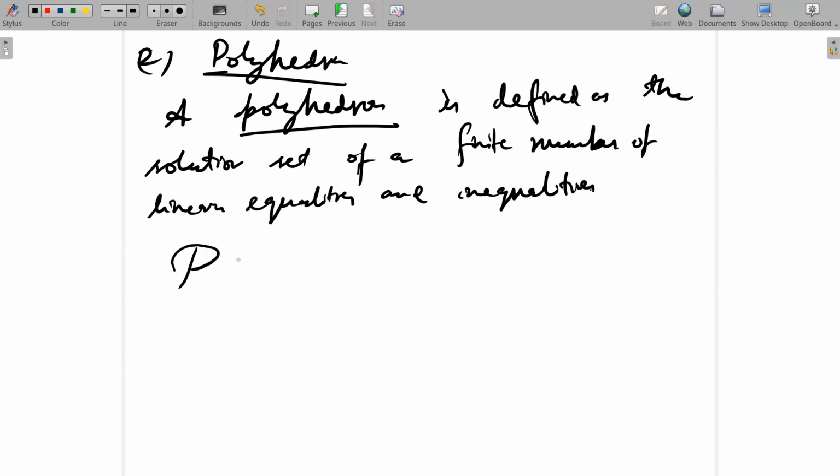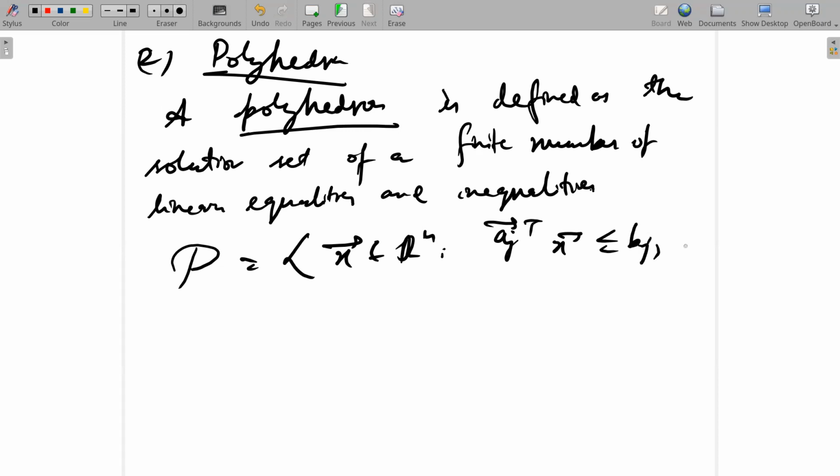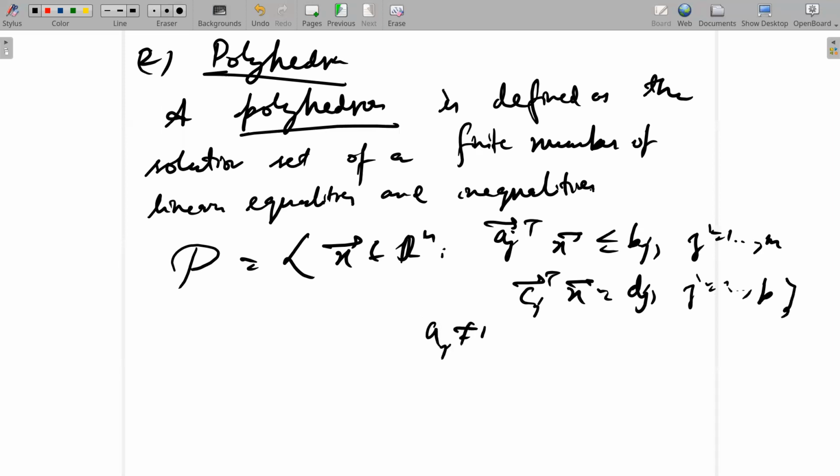So here I just denoted it by P. It's all those vectors x such that aj transpose x is less than or equal to bj, j equals 1 through m, and here you have cj transpose x equals dj, j equals 1 through p, and here aj is not equal to 0.